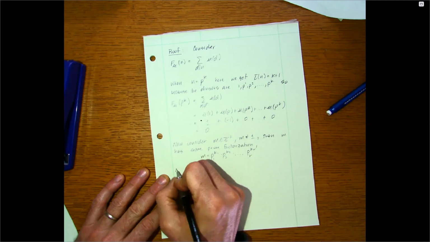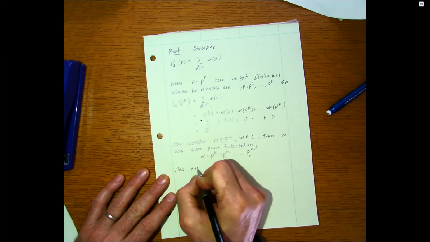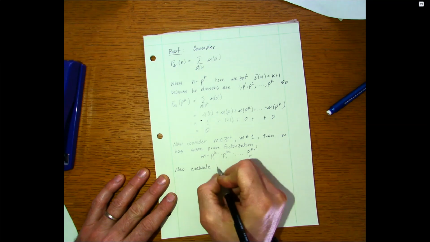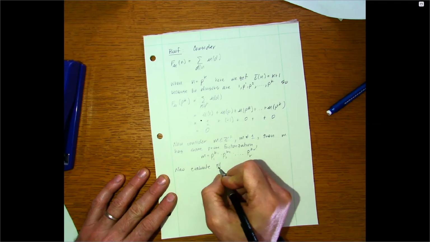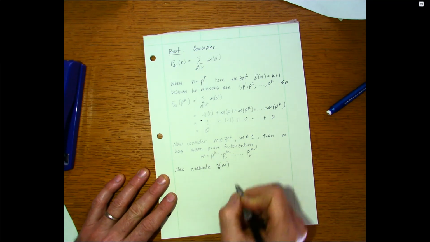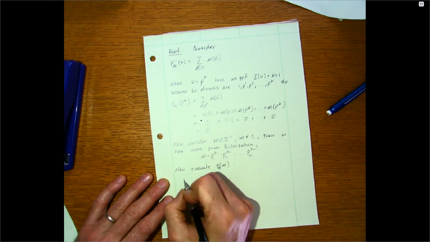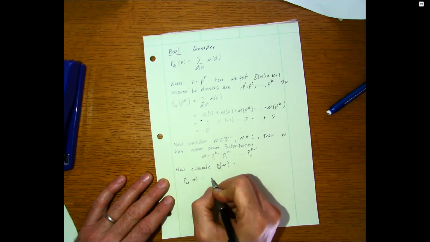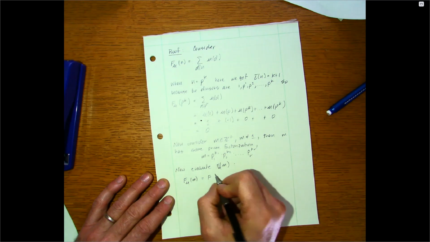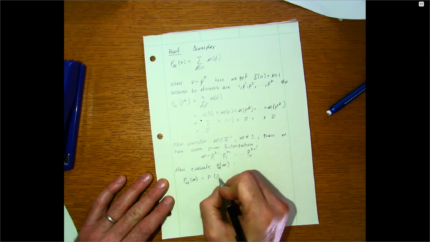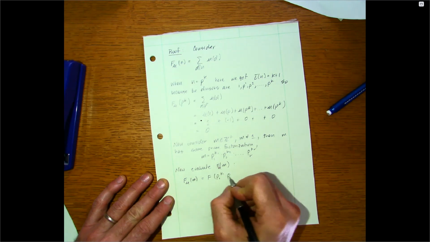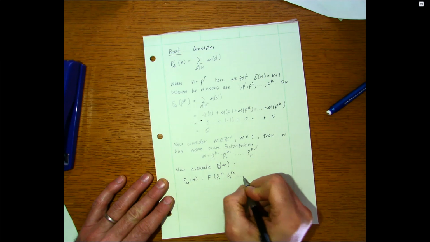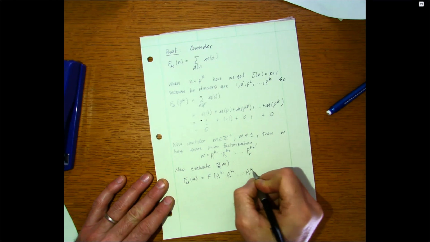And let's think of now evaluating F of m. So F of m is going to be F of, well, this p1 to the k1, p2 to the k2, pr to the kr.